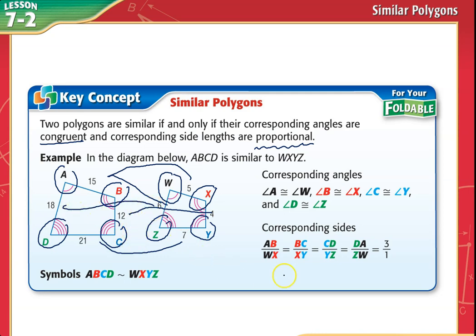And that's what it means to be proportional. So there's a scale factor of 3, or a scale factor of 1/3, depending on which way we're going, from the big to the small or small to big.